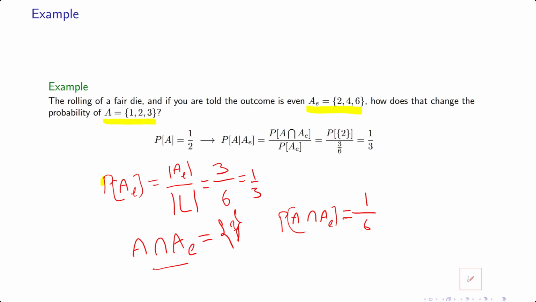Now if I want to calculate the conditional probability, I have to put this one in the numerator and the probability of AE in the denominator, so I get 1 over 3. So this is the conditional probability.